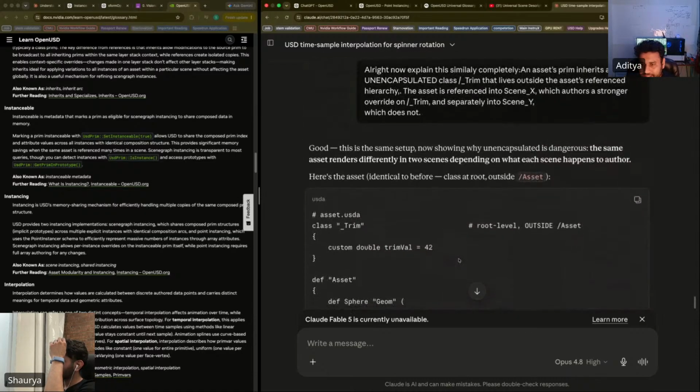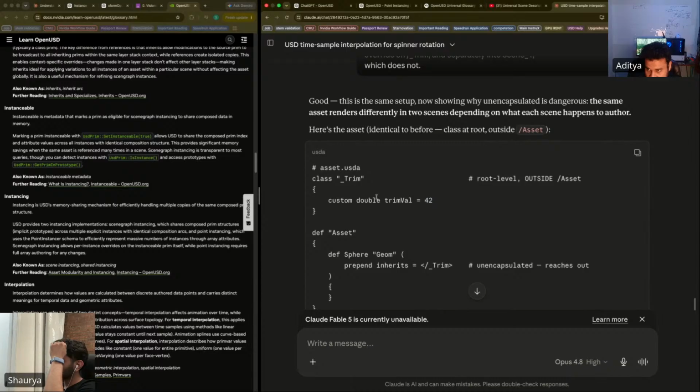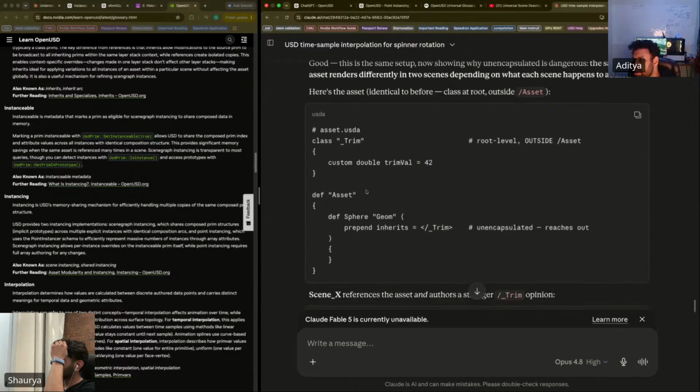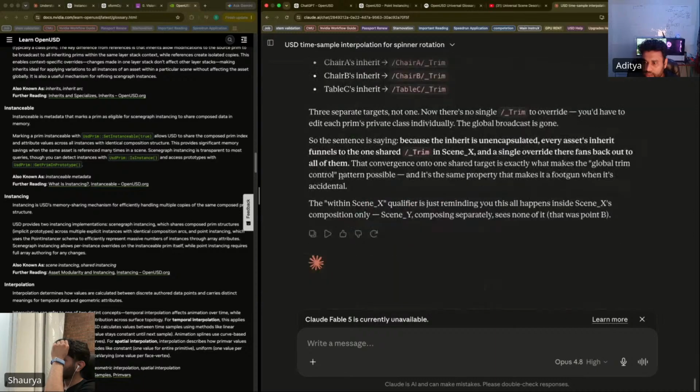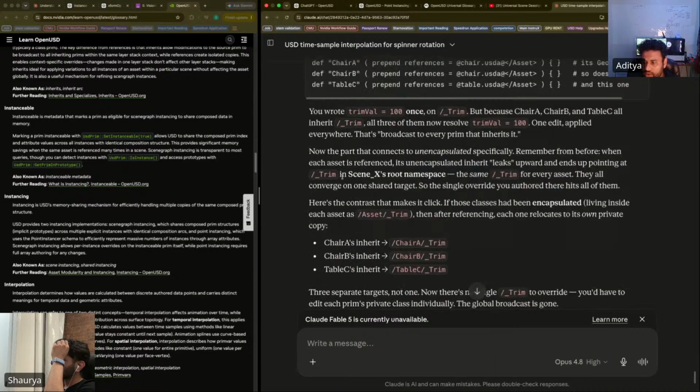So if we have an asset in a different file, and in the CNX file we are inheriting and doing an override on the class, where will the broadcast go?